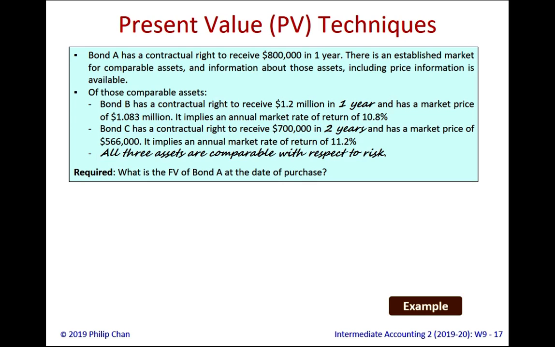Requirement: what is the fair value of bond A at the date of the purchase? Bond A has a contractual right to receive 800,000 in year 1. There is an established market for comparable assets, and information about those assets, including price information, is also available.